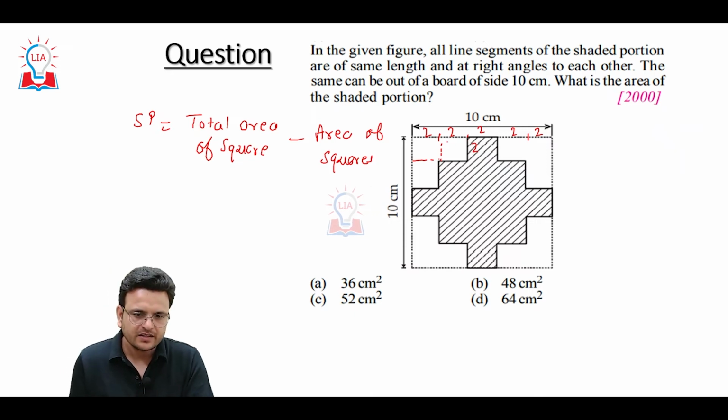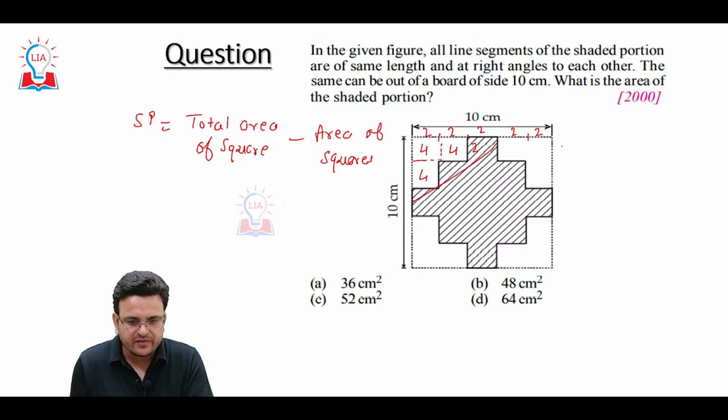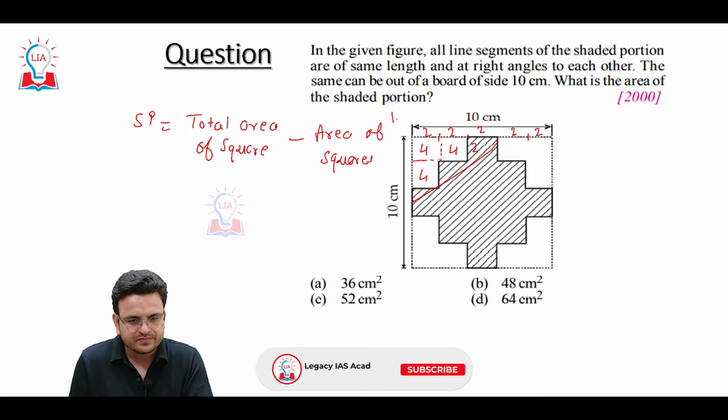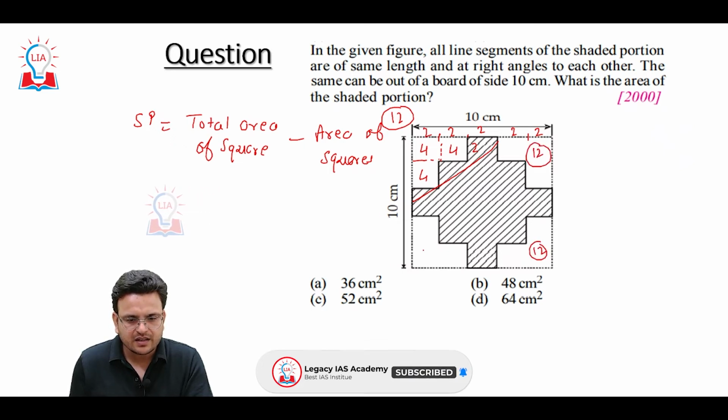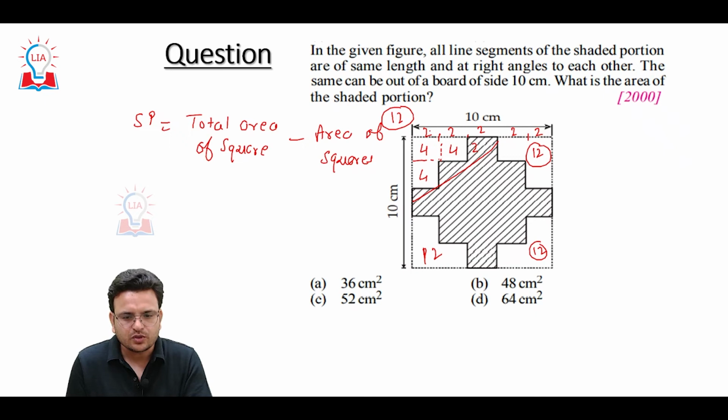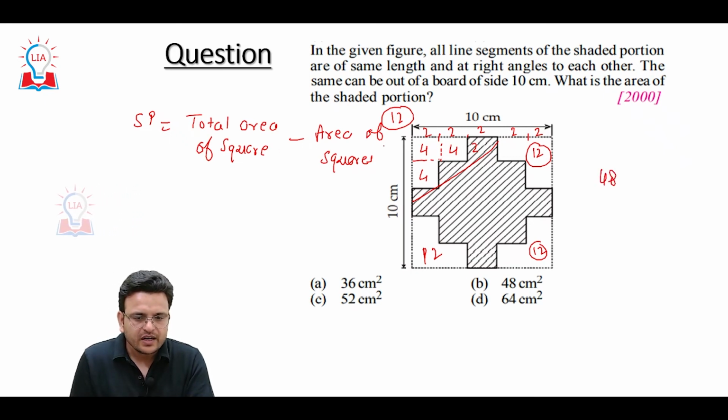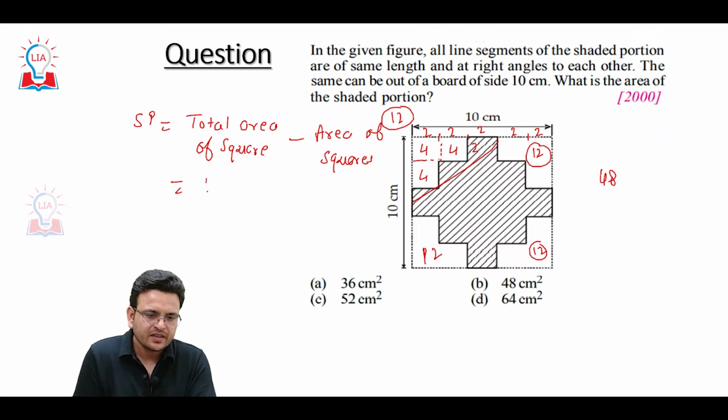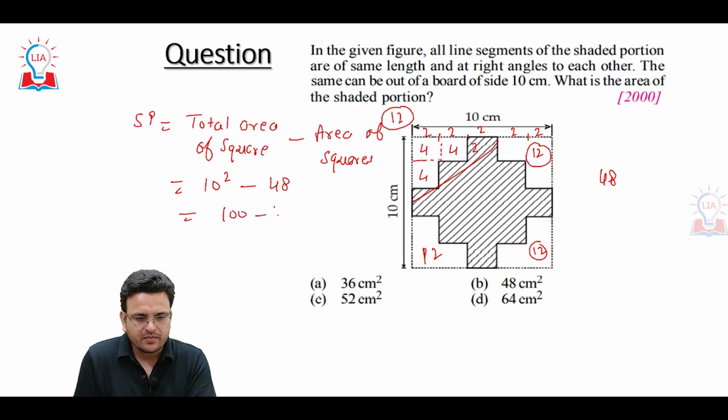So here area of this square will be 2 into 4, 12 this side, again 12, again 12, again 12. So total area of these squares will be 48, and total area of bigger square will be 10 square minus 48. It becomes 100 minus 48, and answer will be 52.